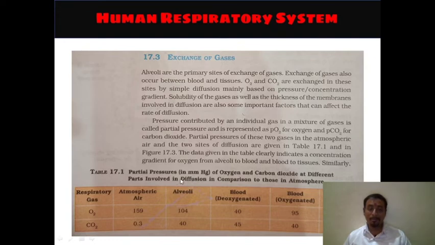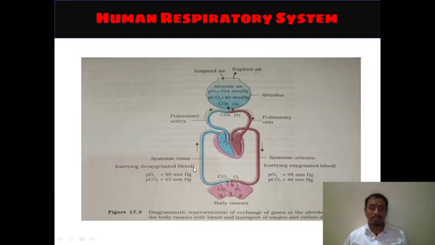These are partial pressures of oxygen and carbon dioxide at different parts involved in diffusion in comparison to those in atmosphere. So these are the parts where PO2 and PCO2 show different pressures from atmospheric air to the tissues. Okay, so let's see the next point.